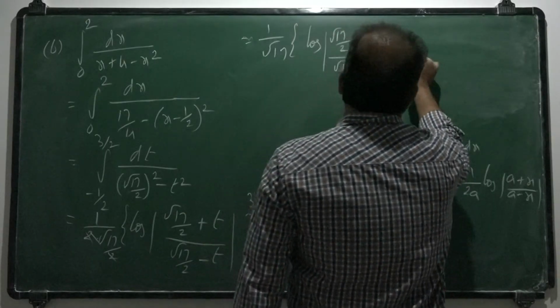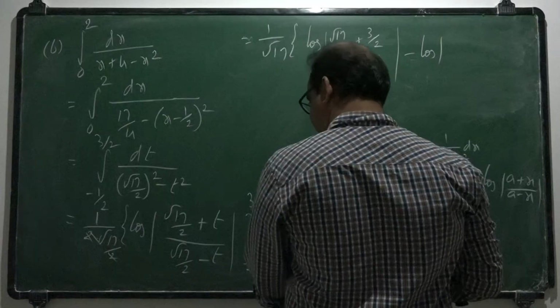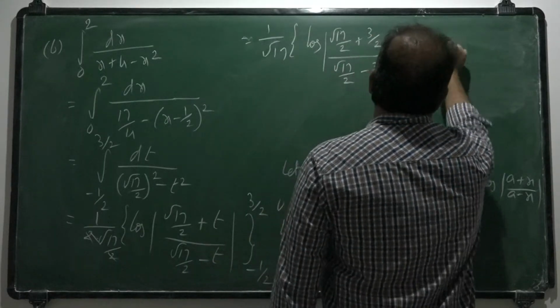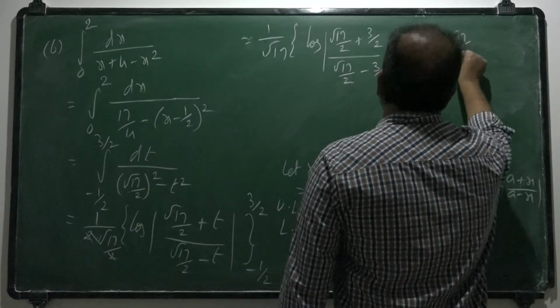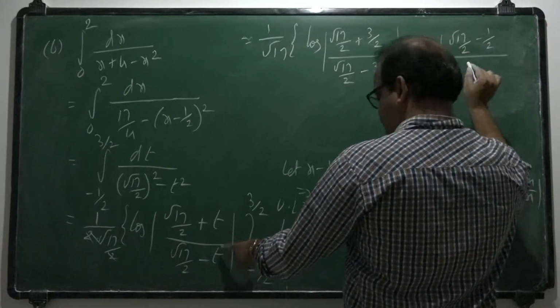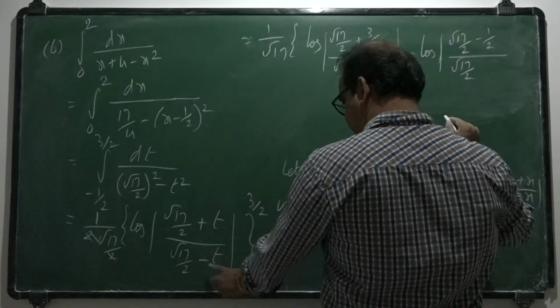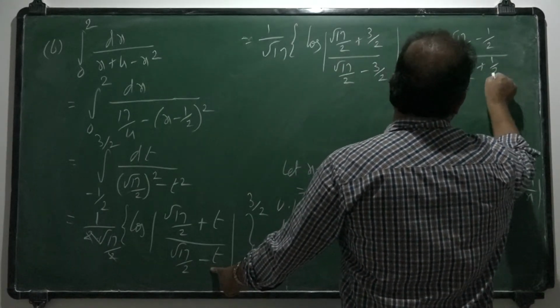Next, minus log of, take the lower limit, minus 1 by 2, root 17 by 2 minus 1 by 2 by root 17 by 2 minus of minus, plus 1 by 2.